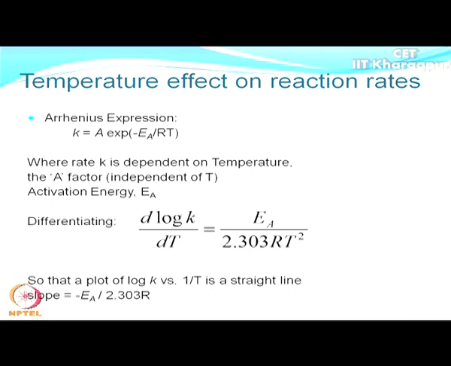Now, we will come to, as I told you, that temperature has enormous importance in chemical kinetics, in rate processes, because if you change temperature a little bit, it changes many things.